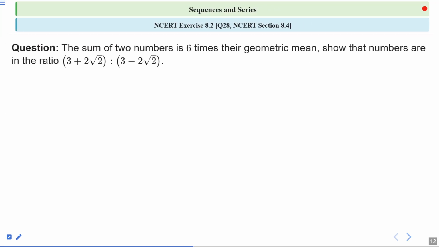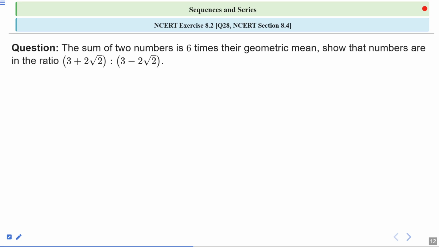So now let us see another question. In this question we are given that the sum of two numbers is 6 times their geometric mean. As you know, suppose we have two numbers a and b, the geometric mean of a and b is the square root of ab.